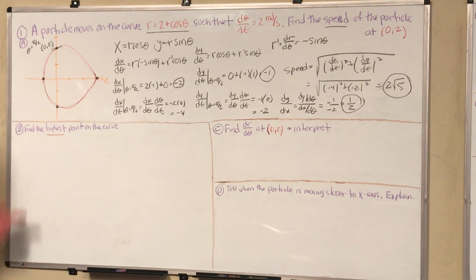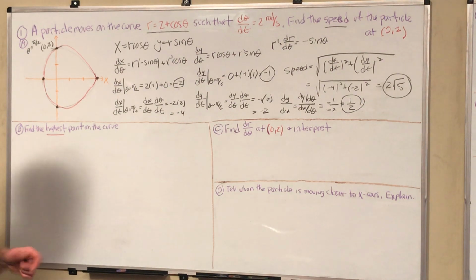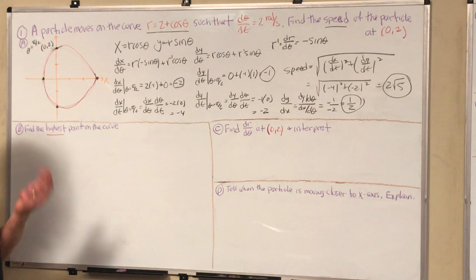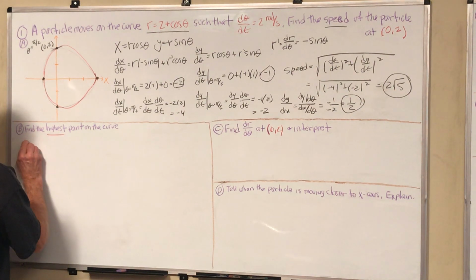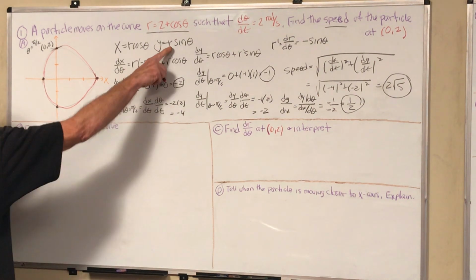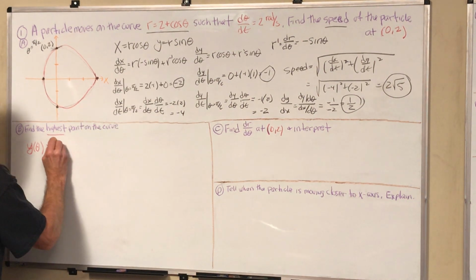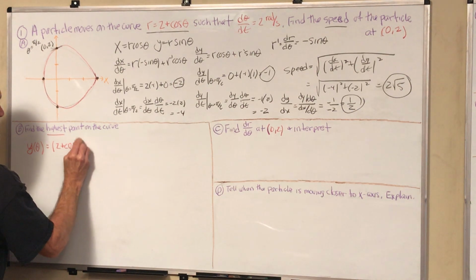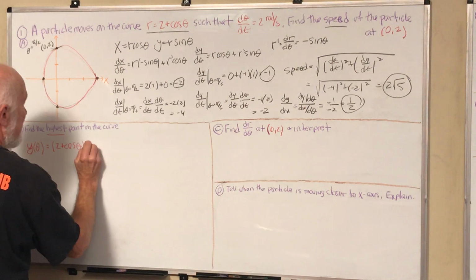Well, in order to find the highest point, I guess we're going to have to do some calculus. Which means, how do we find highest? That sounds like a max-min problem. We're trying to maximize y. Well, we know what y is. It's r, which is 2 plus the cosine of theta, times the sine of theta.